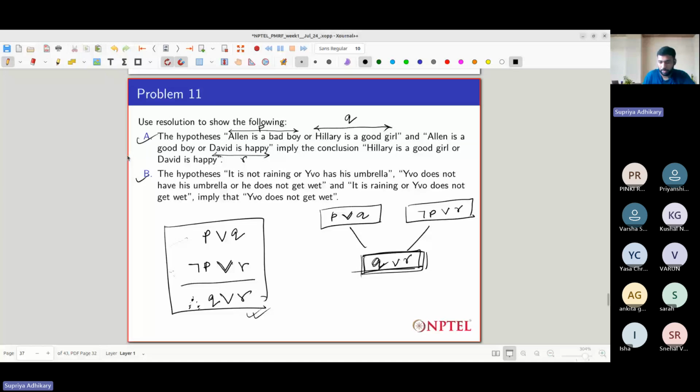Let's say the statement it is not raining, and the statement that UFO has an umbrella. Now, UFO does not have his umbrella, or he does not get wet. Okay. So let's say that UFO does not get wet.